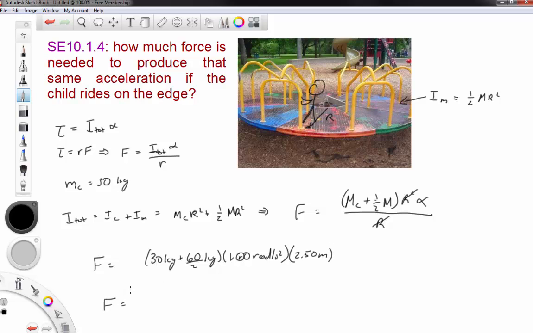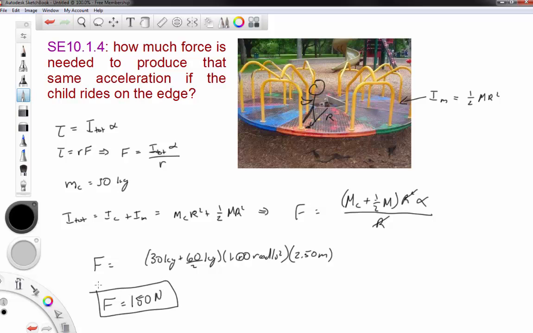So the total force is 30 plus 60 over 2, which is another 30, so that's 60 times 1 times 2.5. That gives us 150 newtons.